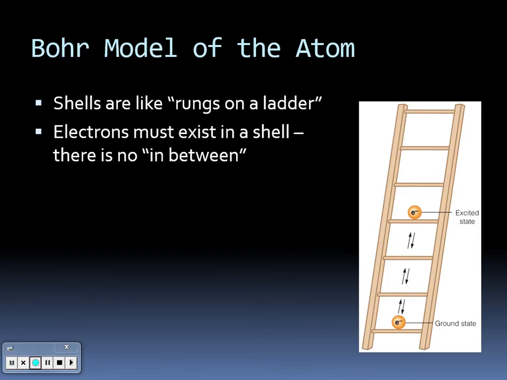These shells that Bohr described for the electrons are kind of like the rungs on a ladder, or the steps on a ladder. You can only exist on this step or the next step or the next step. You can't be in between steps on a ladder. Same thing is true of Bohr's electrons.